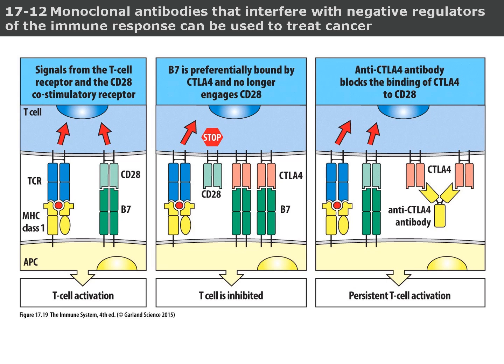Over time, the B7 molecule preferentially binds to CTLA4 instead of CD28, which inhibits T-cell activity. Treatment with an anti-CTLA4 antibody blocks this inhibitory interaction, allowing B7 to continue engaging CD28 and maintaining persistent T-cell activation. This strategy boosts the immune system's ability to attack and destroy tumor cells.